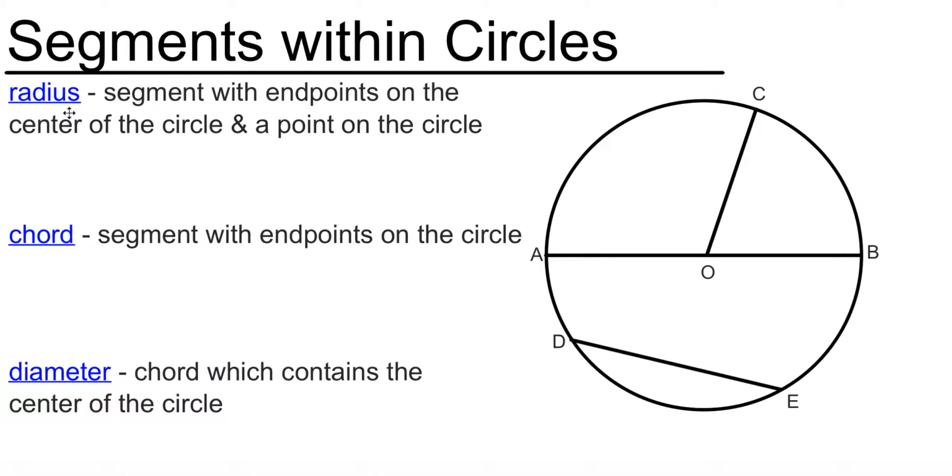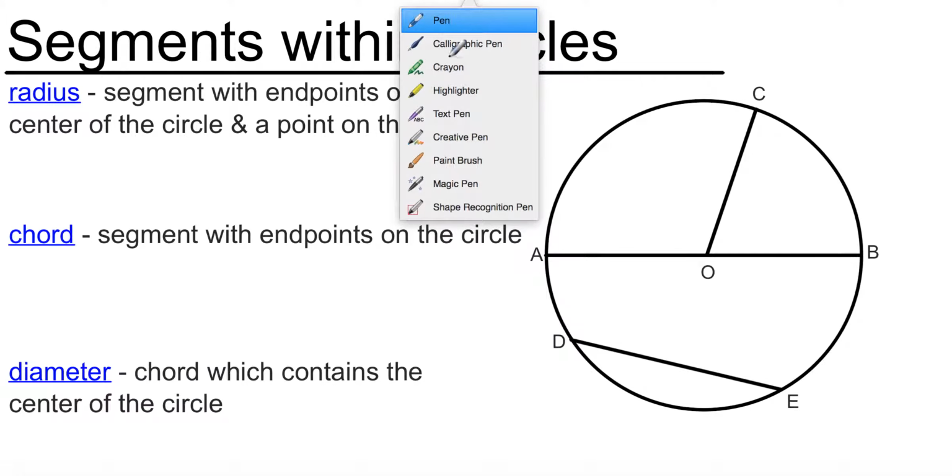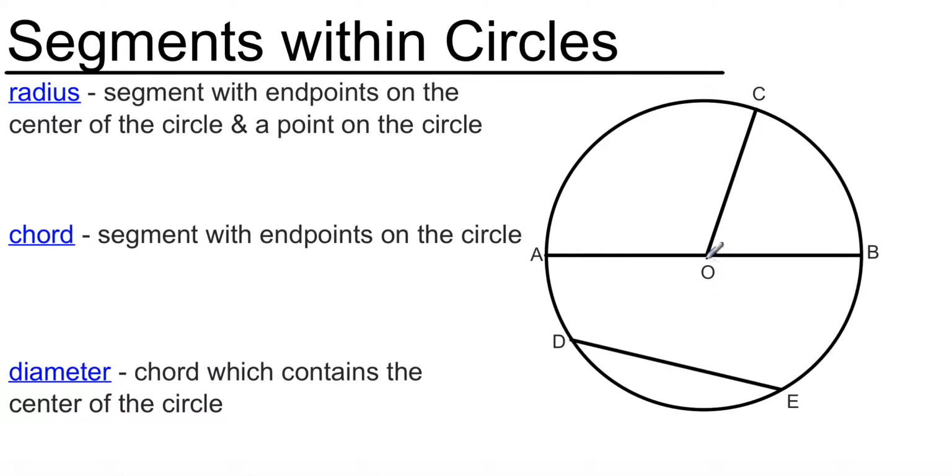And the definition of a radius is a segment with endpoints on the center of the circle and a point on the circle. So let's look over here to the right. We have circle O. O is our center. So let me put a dot there just to make that stand out. Circle O. And the radius, well, actually we have infinitely many radii in the circle, and we've got 3 of them labeled.